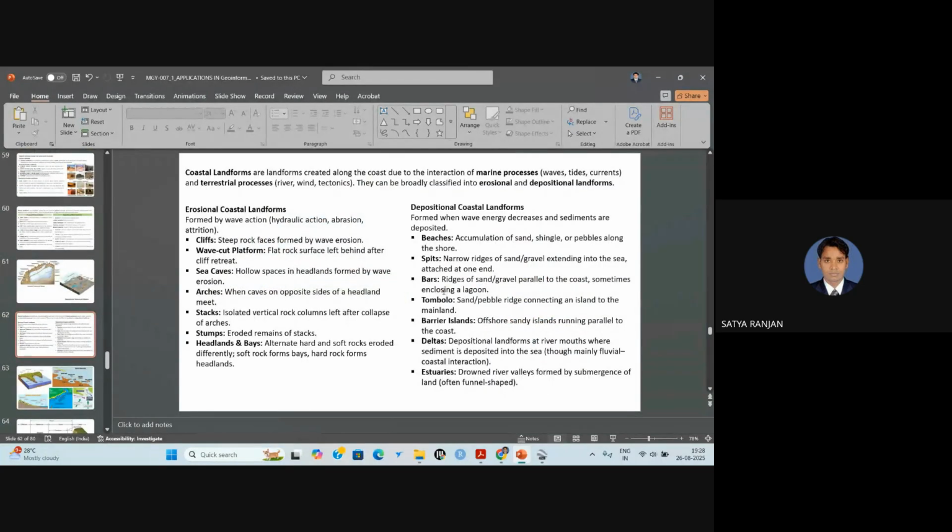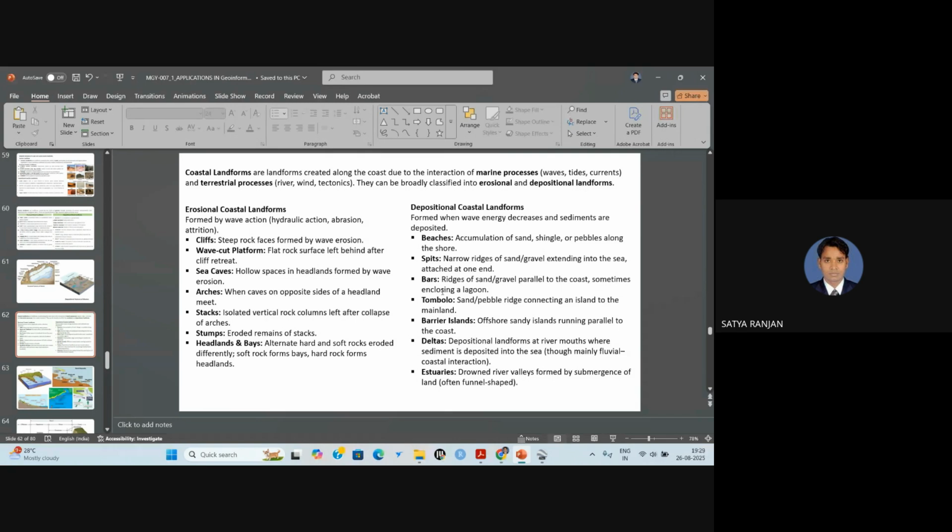Then after that, coastal landforms. Coastal landforms are very dynamic and change very frequently, and there are a lot of erosional and depositional coastal landforms. Erosional ones are like cliff, wave-cut platform, sea arches and stack, stump, headland and bay. Depositional ones are like beach.